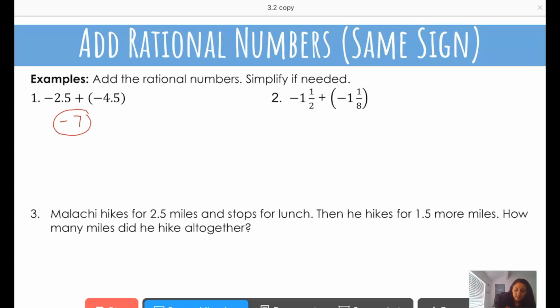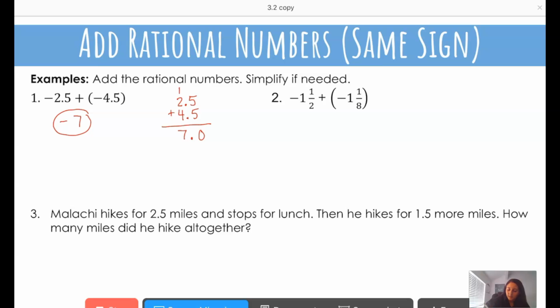So our final answer is negative 7. If you need to, write your decimals up and down and line up your decimals. 5 plus 5 gives us that 10, and then we have 4 plus 2 is 6, plus the 1 is 7.